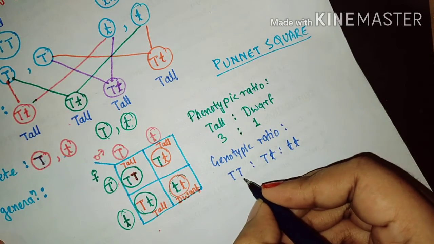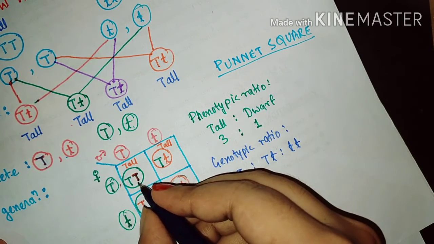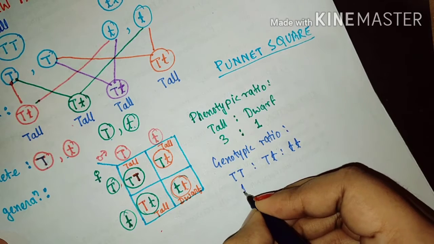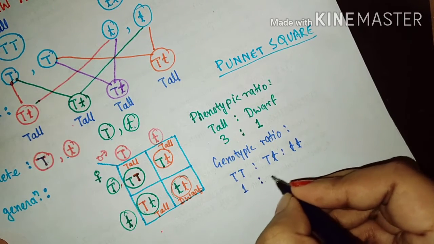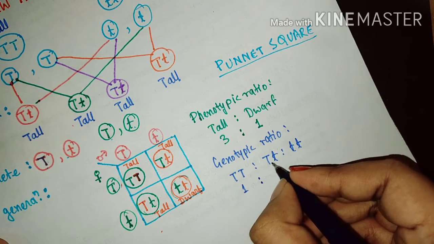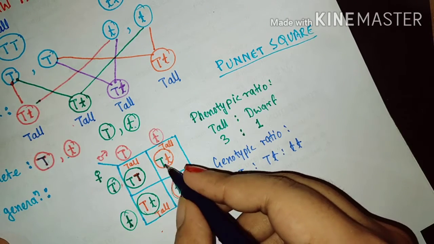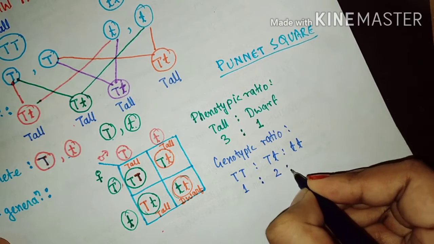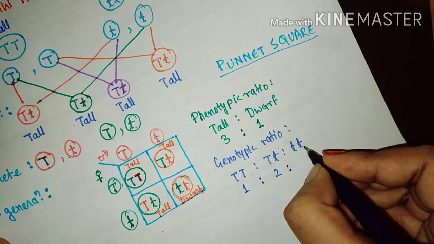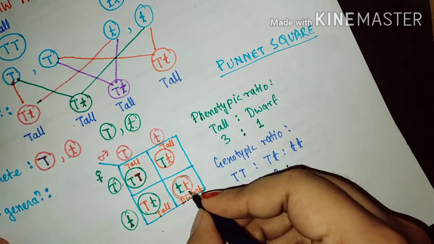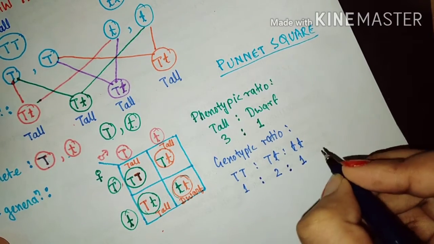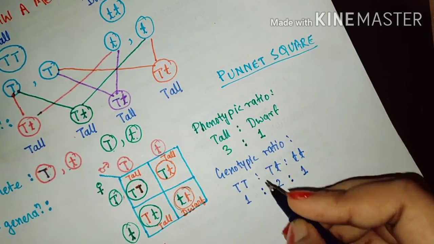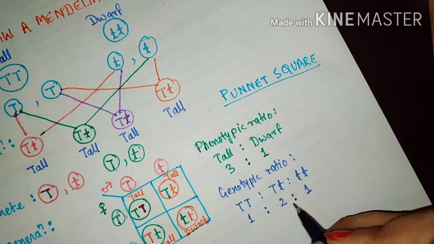How many capital T are there? Just 1. Capital T small t, how many are there? 1 and 2. Now, how many small t are there? 1. So the ratio of genotype in monohybrid crosses is 1:2:1.